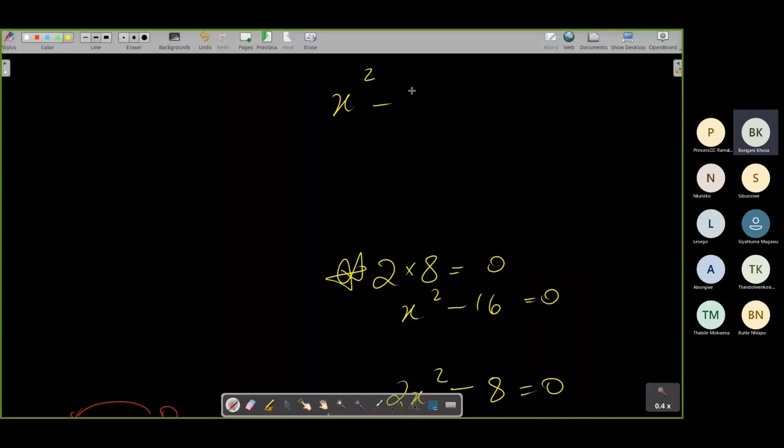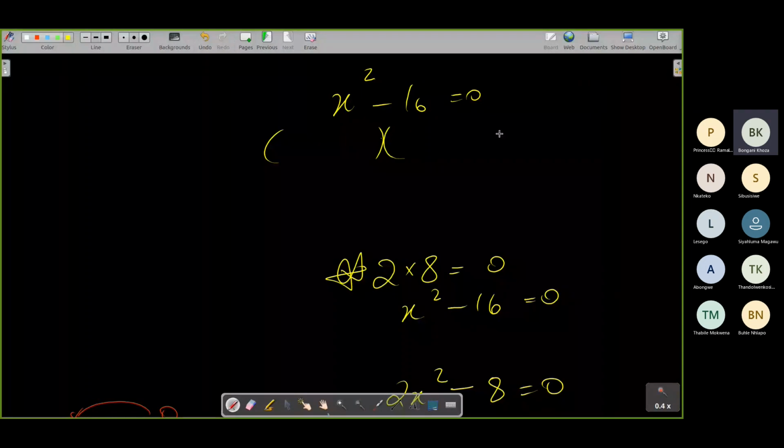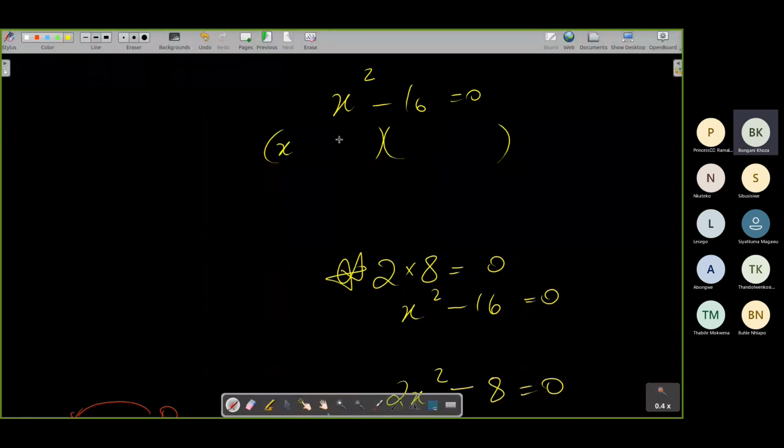We are now here, x squared minus 16 equals 0. And then what happens? Okay, so we're going to open two brackets. The difference of two squares: x minus 4, x plus 4.